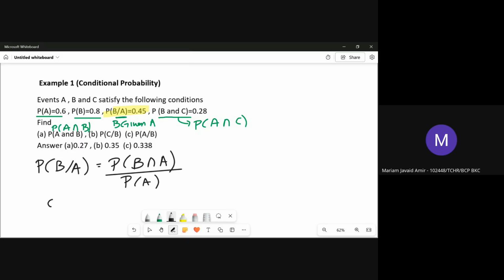This will be 0.45 equals the numerator, which is what we have to find. B and A or A and B is the same thing. So you can rewrite this as A and B divided by probability of A, which is also given in the question. Now we cross multiply: 0.45 times 0.6 gives us 0.27. So probability of A and B is 0.27.